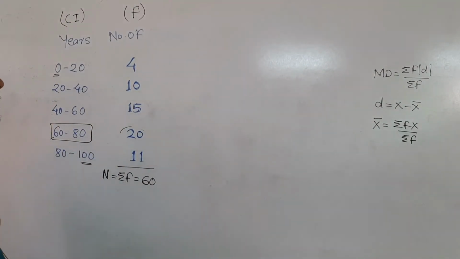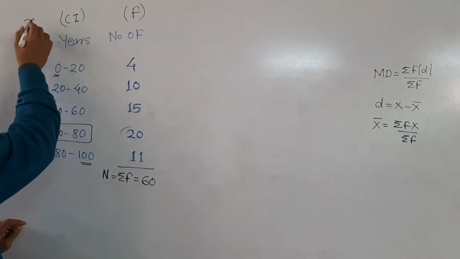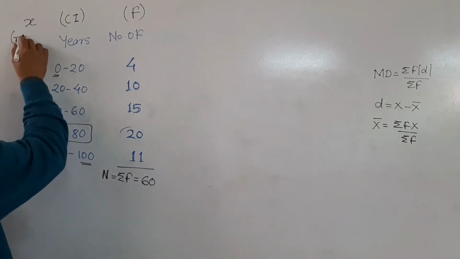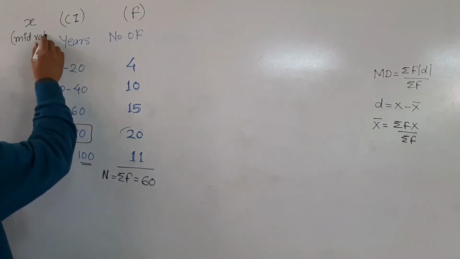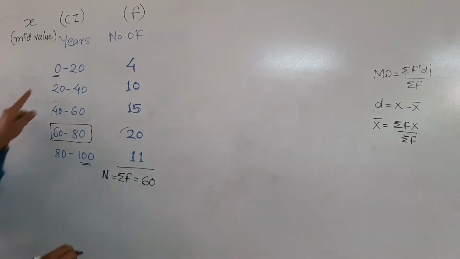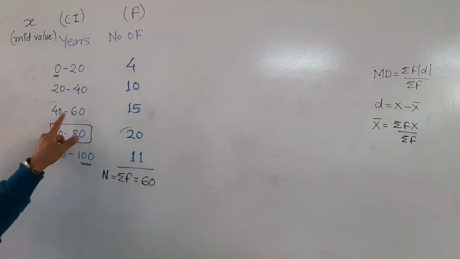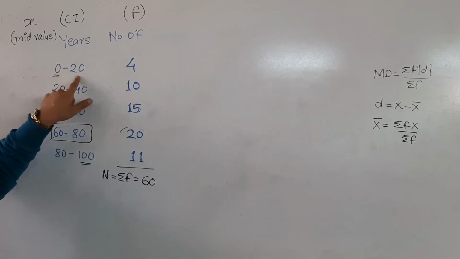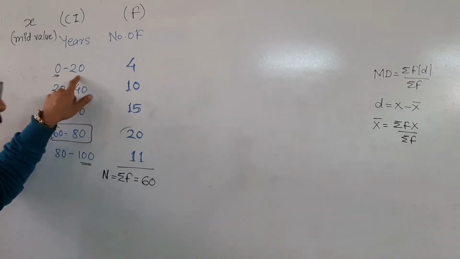So we need to draw an x column, which is nothing but the mid value of the class interval. We just have to write the mid values: 0 plus 20, 20 divided by 2.